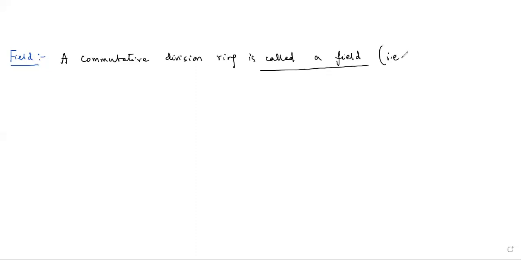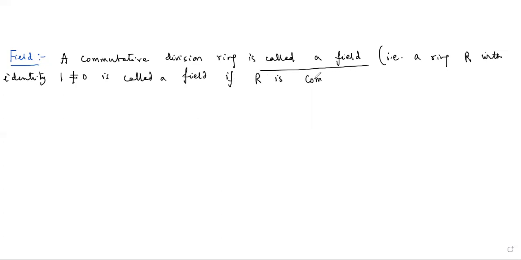That is, a ring R with identity 1 not equal to 0 is called a field if R is commutative and every non-zero element of R is a unit.